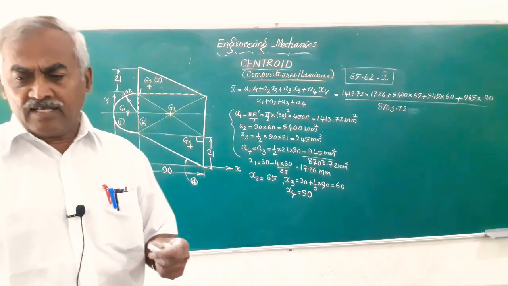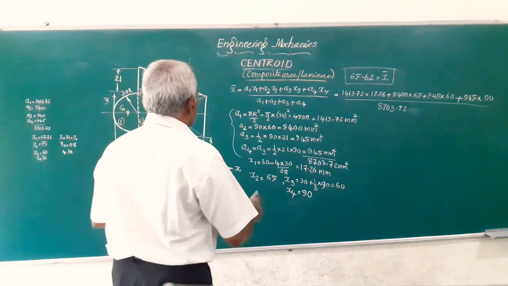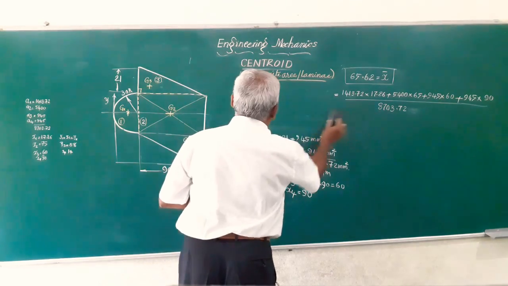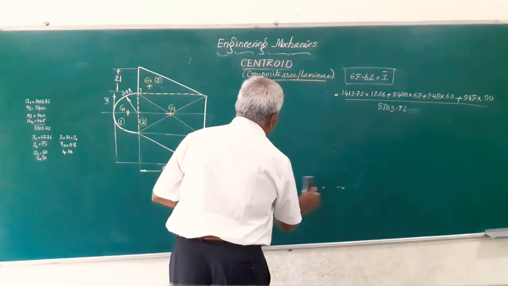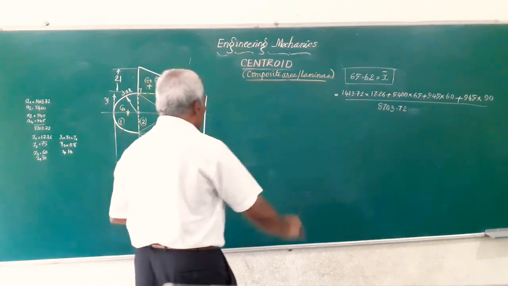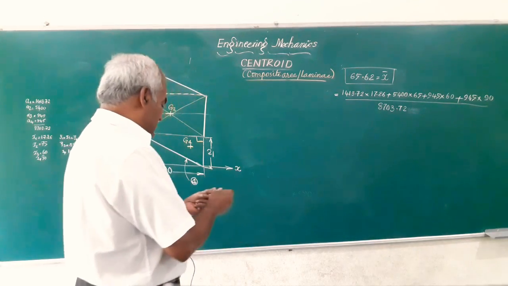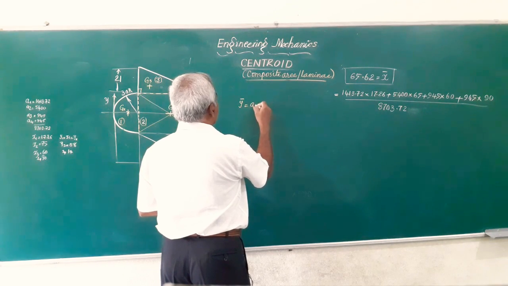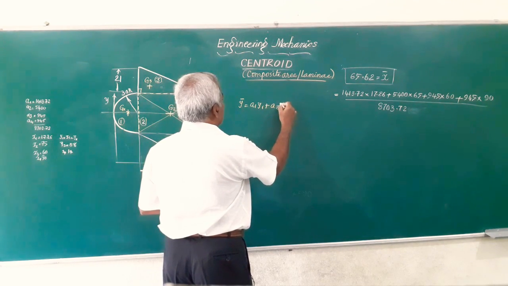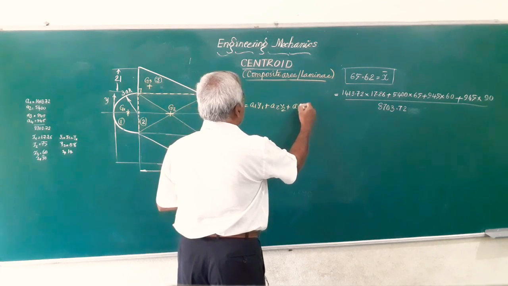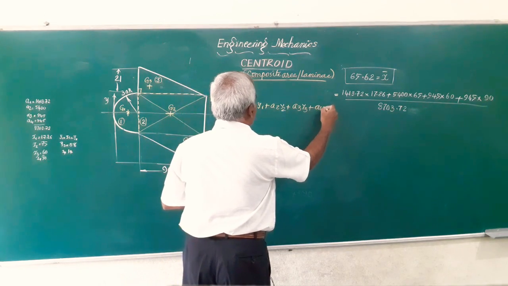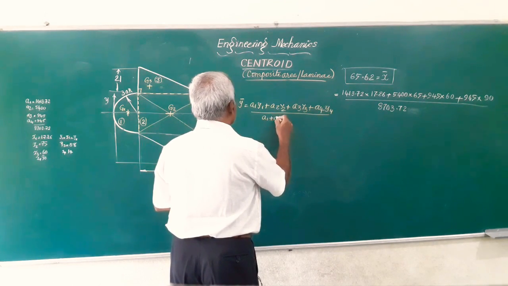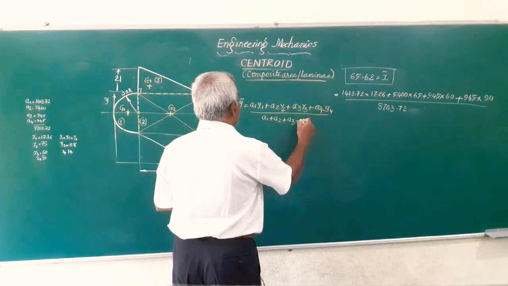Friends, after calculating the value of x bar, let us use a similar formula for y bar. You know very well, y bar is equal to a1 y1 plus a2 y2 plus a3 y3 plus a4 y4 divided by the total area, a1 plus a2 plus a3 plus a4.